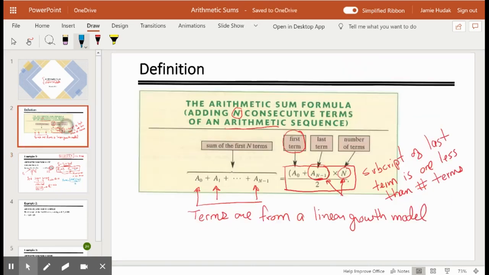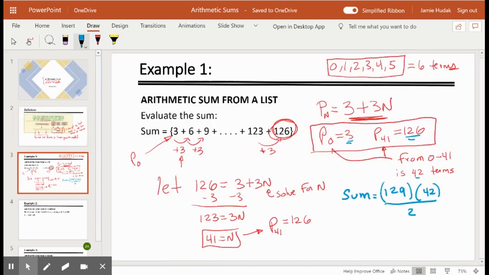Again, let's look back at the formula. First term, last term are added, number of terms, and everything divided by 2. So after we work this out, we get 2,709.